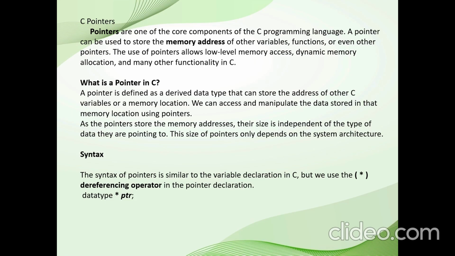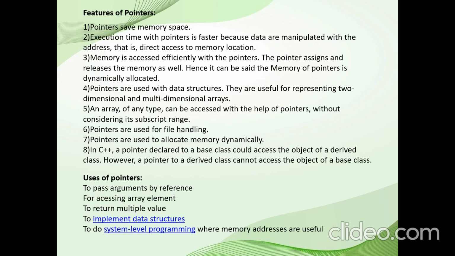Data type has to be a pointer, but we use the dereferencing operator here. It is similar to variable declarations in C. So the features of pointers are: it saves memory space, and execution time with pointers is faster because data are manipulated with the address, that is direct access.